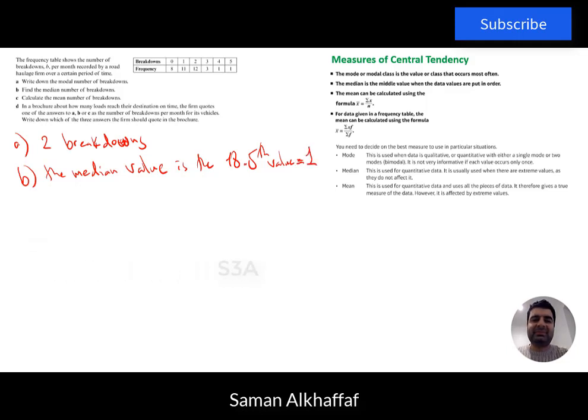And also for part C, we need to calculate the mean number of breakdowns. So in this scenario, we take each value and multiply each breakdown by the frequency and then divide by the total of frequency.